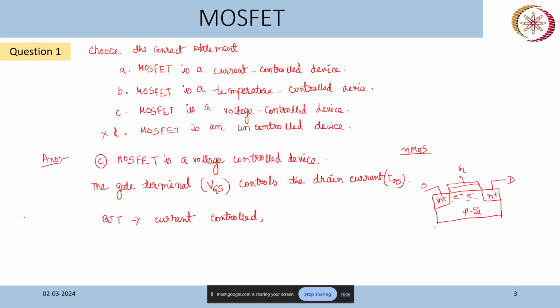If it is an NPN transistor, so this is the emitter N plus, then I don't know the directions, I'm just giving random directions. So at the base, we apply a small base current and we get the output current IC. So it is a current control device.